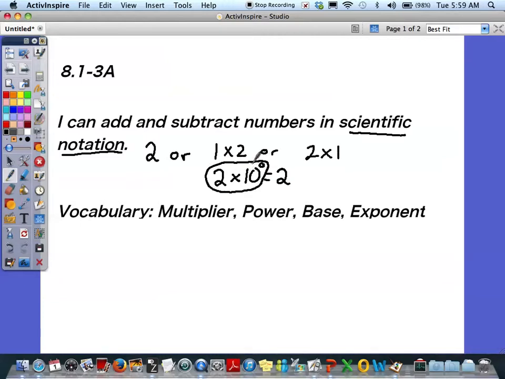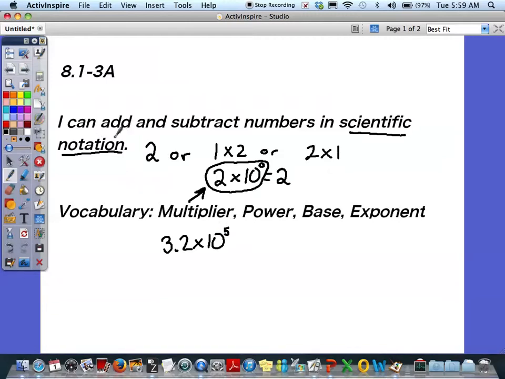When we talk about numbers in scientific notation, we are going to get to some vocabulary real quick. We have a multiplier, or the number on the left that's being multiplied by a power of 10. Here's a better example, one that is more common to see, something like 3.2 times 10 to the 5th power.